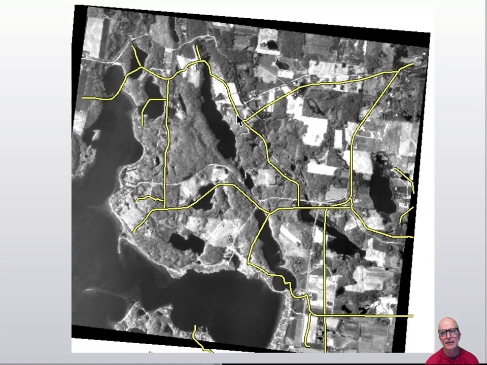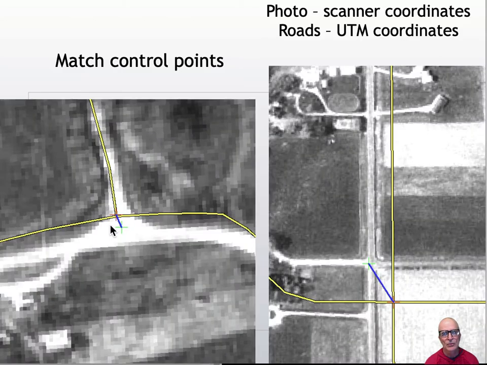So here I have an image where you can see there's the road work, this is my control, and then there's the image in the background, and I'm going to match points, like these intersection points and these intersection points as I go along. So I match the control points. In some softwares, they do this interactively, so you'll match one and it fits it as best you can. You match a second, it'll fit a little better.